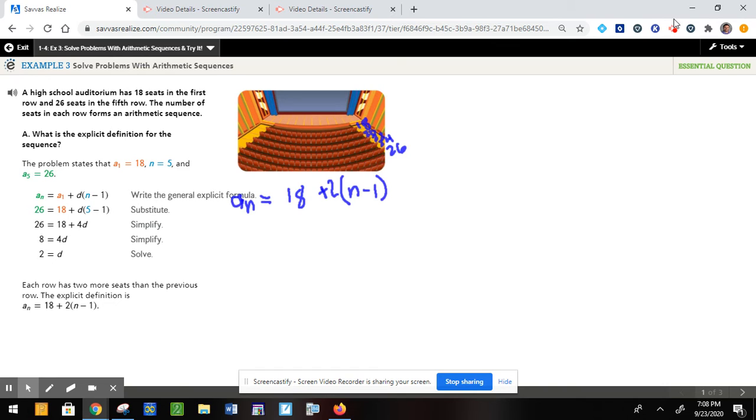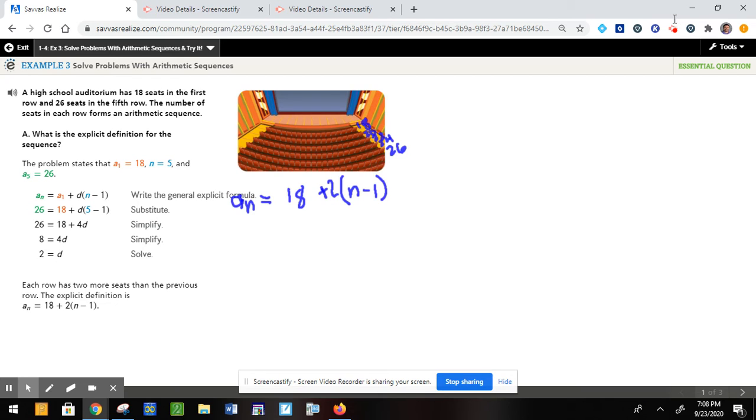The way they have it set up is, since you know that the 5th row has 26, that means at that spot a sub n is 26. 18 is the first row, and then 5 is your n value. Then you're just going to solve for d. You get the same 2 that we got by kind of looking at the diagram and figuring it out. That works too, but they're getting the same explicit definition at the end.